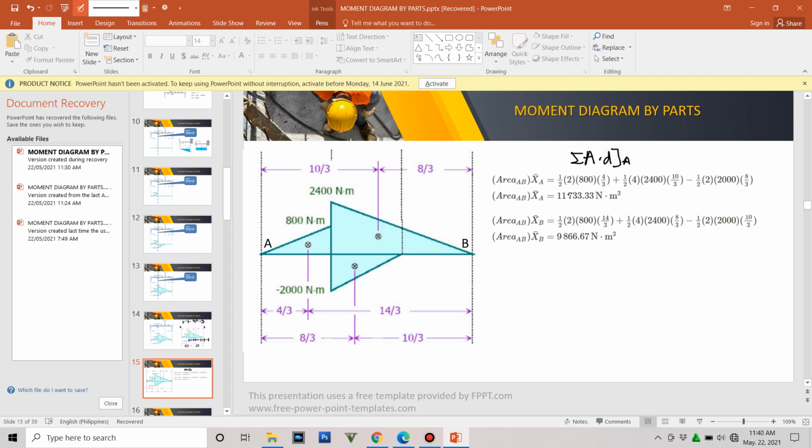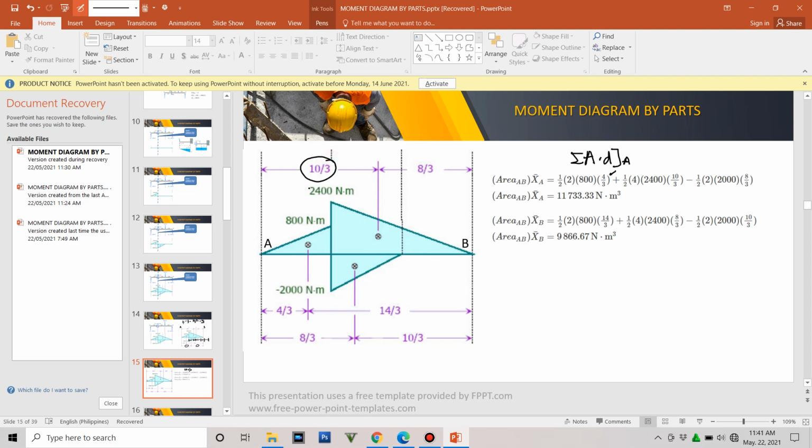Okay, so ano to? 1/2, ito yon, 1/2 800 by 2, this is 2 meters. And then the distance of this up to A, that is 4/3. Okay, yun. And then another one, this one, ito, 1/2 2,400 times 4 times 10/3.